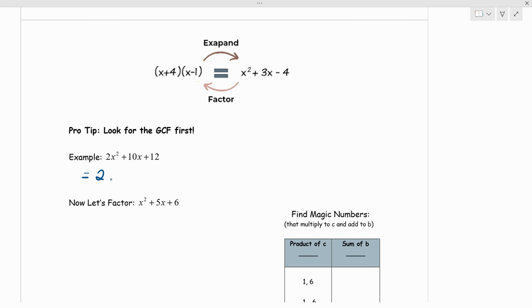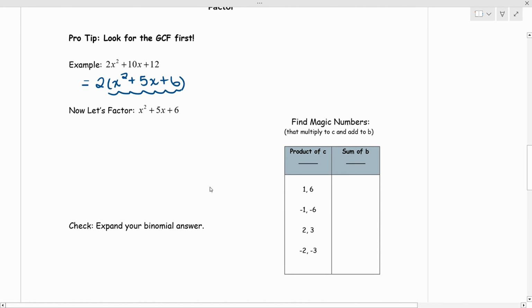That means I'm dividing all these terms by 2. So this becomes x squared plus 5x plus 6. Now it's easier to see that this is a simple trinomial with a value of 1. As we go down here, we can now factor that trinomial. The 2 can just sit on the outside and we'll keep it there. We'll put it back in later on, okay?